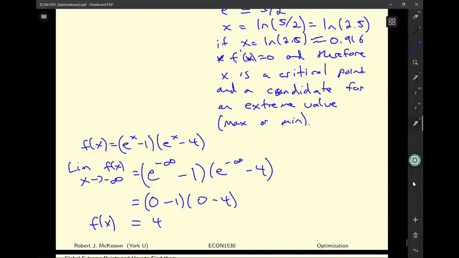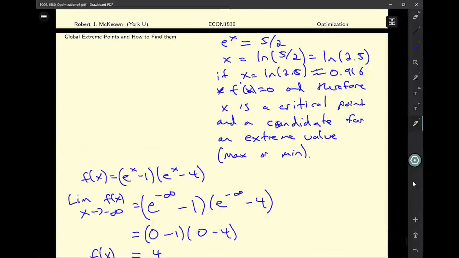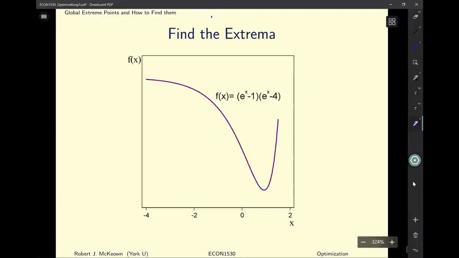All right, so those are the answers to the 3 questions. We even added a bit more. We found the critical point, and evaluated the critical point for question 2. Looking at the diagram, you can see that the function is asymptotically approaching f of x equal to 4 up there. We've got an interior minimum, an interior extreme value here, and that was approximately 0.916 or log of 2.5.